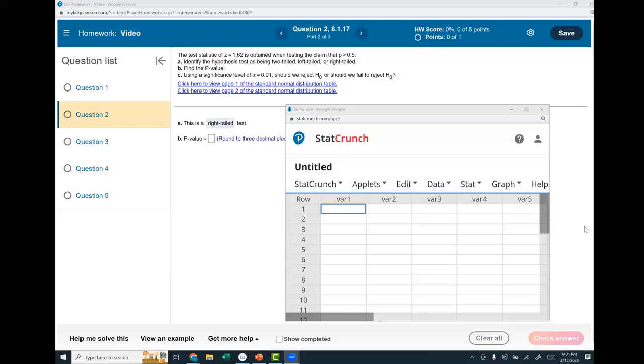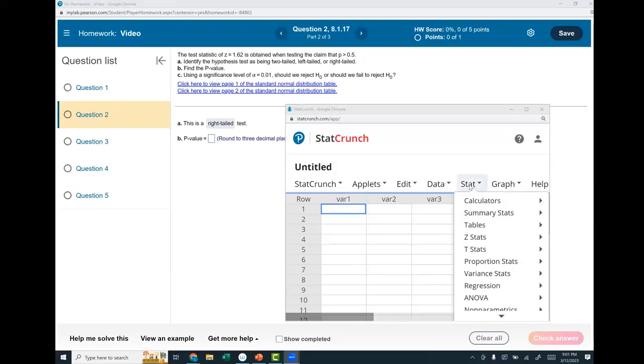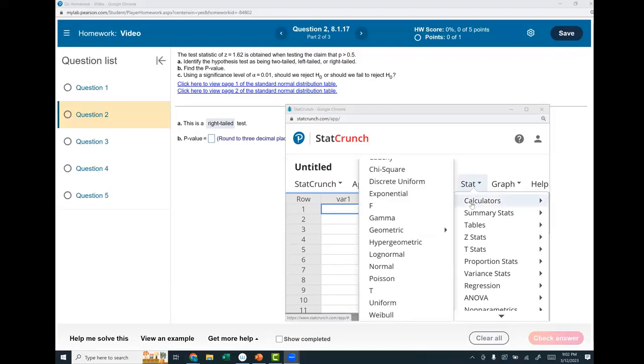Okay. So for the p-value, we have Stat, and z equals, okay, so we want a calculator. And since it's a z-score, we want a normal calculator.